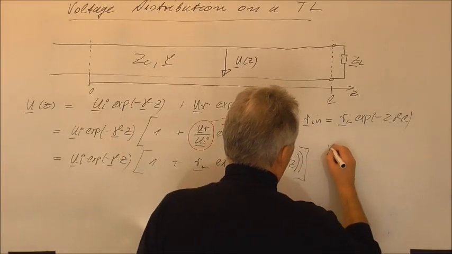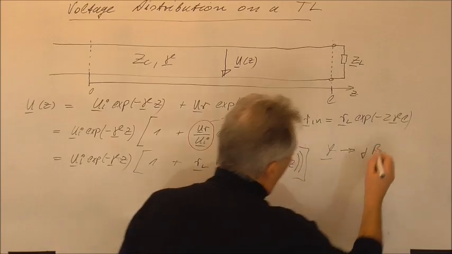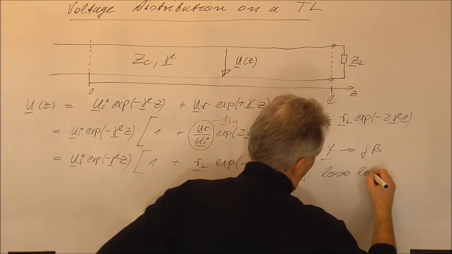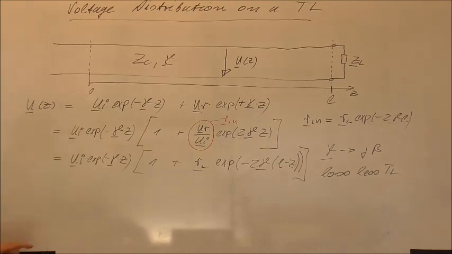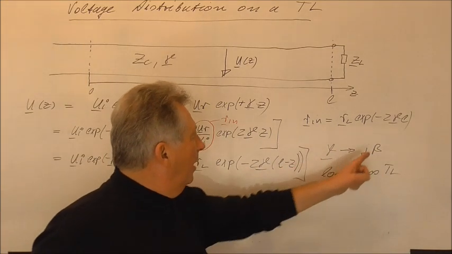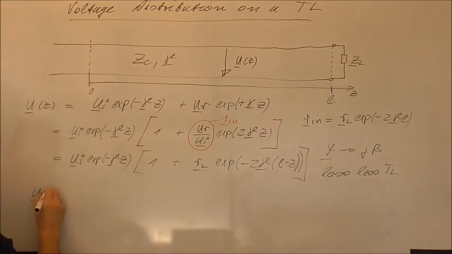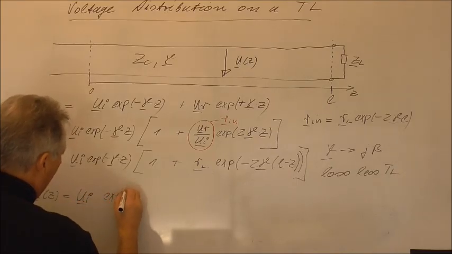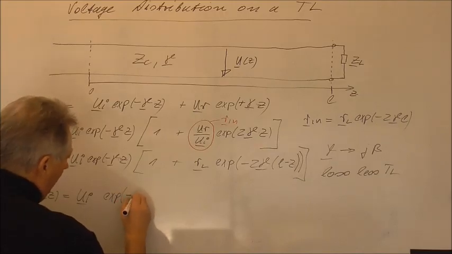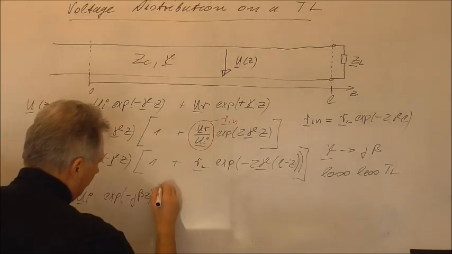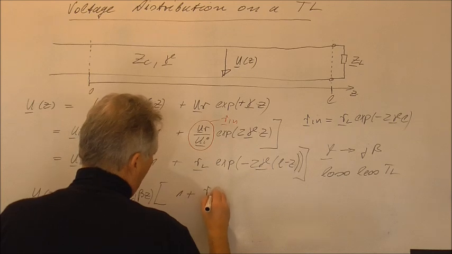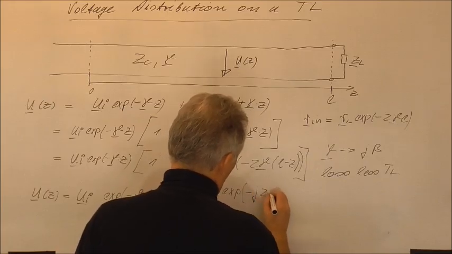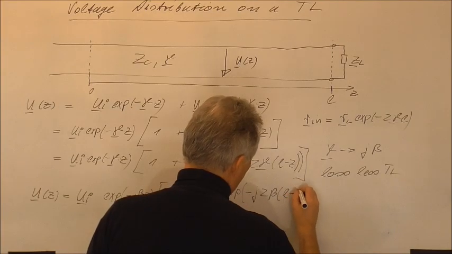So I will use gamma going over to j beta, which means we will take a lossless TL, a lossless transmission line, so we only have to substitute gamma by j beta, and we will then have U of Z will be the incident voltage UE times the exponential function of minus j beta times Z times 1 plus RL times the exponential function of minus j2 times beta, and here we have L minus Z.